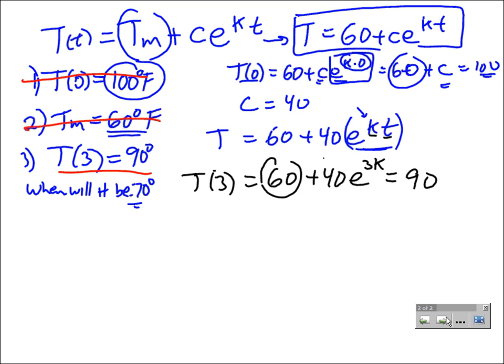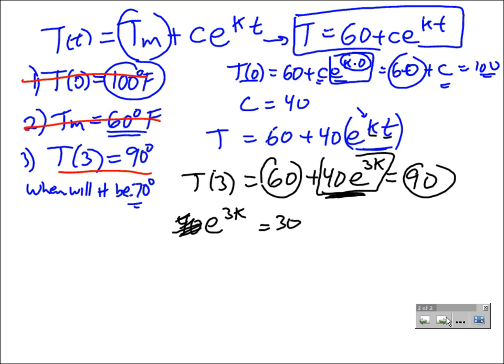So 60 plus this is 90. That's 30. So 40 e to the 3k is 30. Divide the left side by 40, you just get e to the 3k. Divide the right side by 40, you get 3/4. The e to the 3k is 3/4.